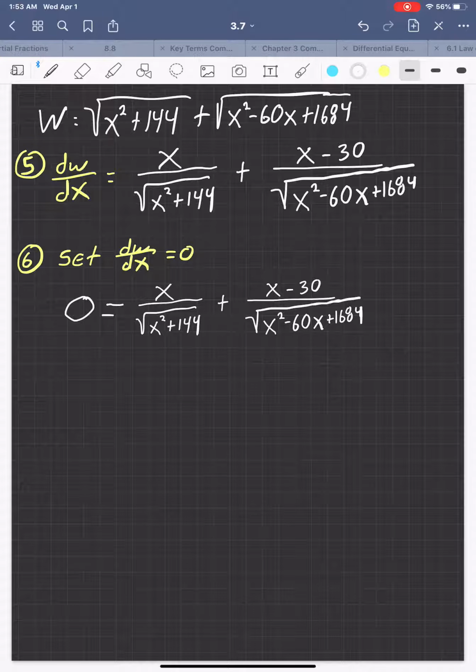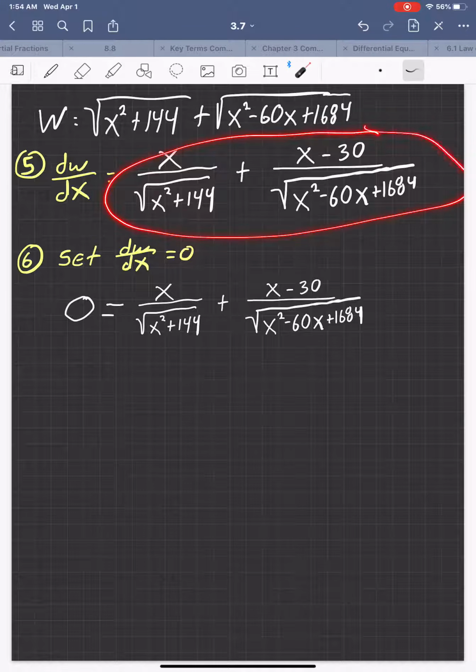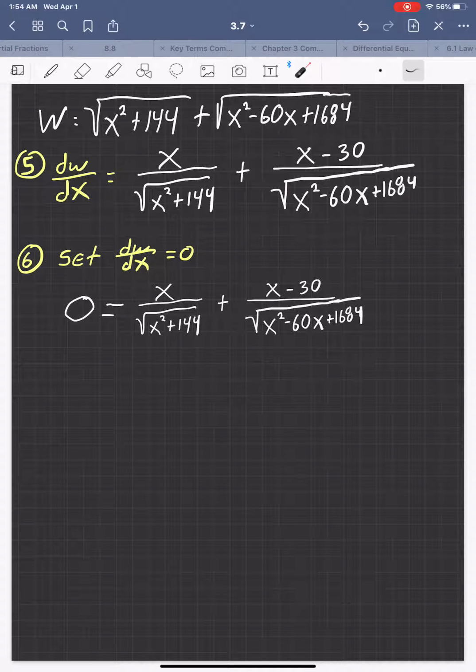Okay, so again, what I'm going to do is skip to the next page to show you the algebraic work, right? Because listen to me, your calculus is done, okay? Once you got here, you have done all the calculus that you needed to do to answer this question. The rest of this is just algebra.